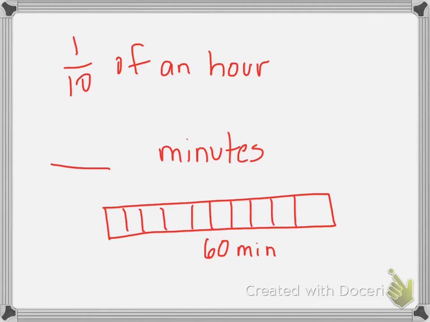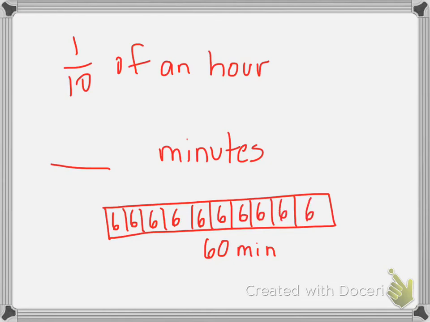Okay, use your imagination and pretend that those are equal. If I want 1/10 of that, 10 of what makes 60? Well, 10 times what is 60, and that would be 6, right? So each one of these little sections here would be 6 minutes.